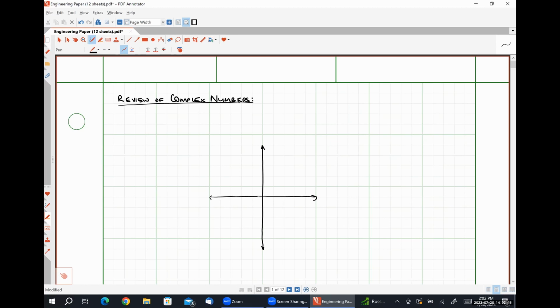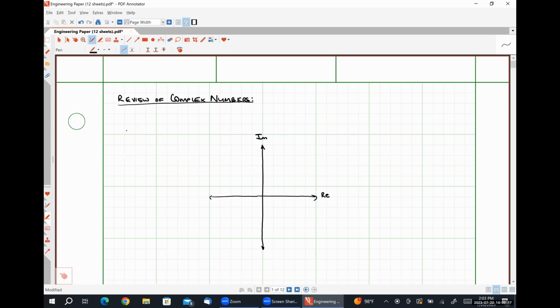The horizontal axis corresponds to real numbers, where to the right means positive real numbers and to the left means negative real numbers. Our vertical axis will correspond to imaginary numbers, where up is positive imaginary numbers and down is negative imaginary numbers.